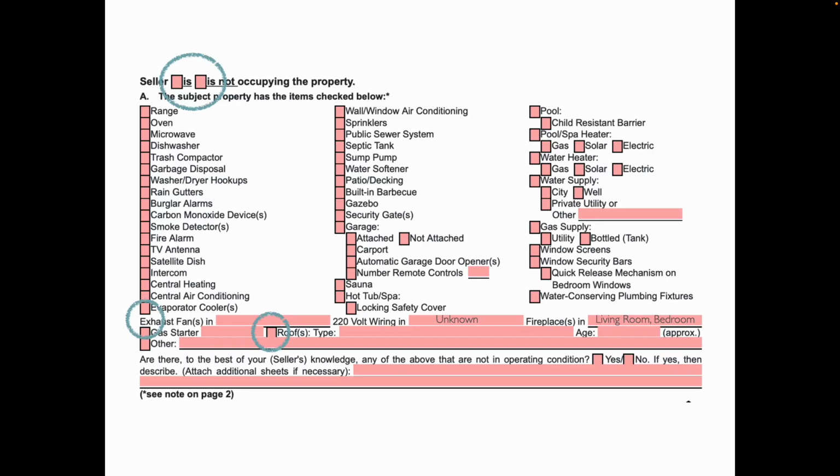At the bottom of page 1 is this. And I went to CAR yesterday because I was just going over some stuff, and I find this peculiar. My question to the standard forms people was, why is there no checkbox on exhaust fans?